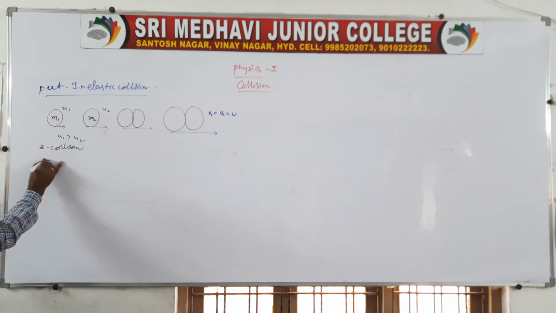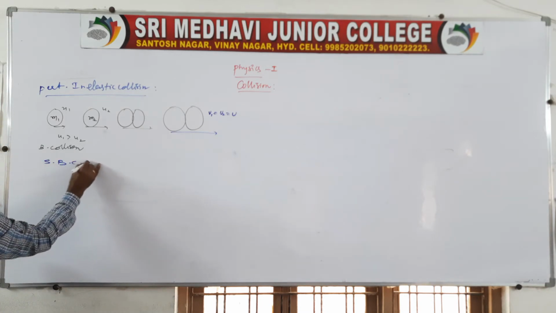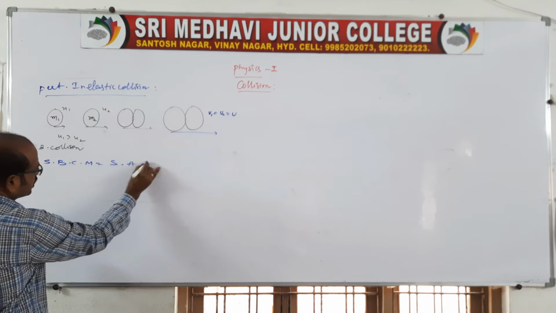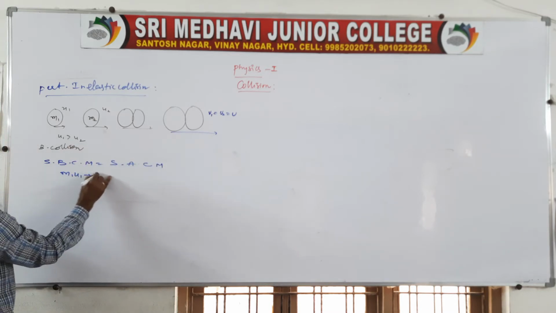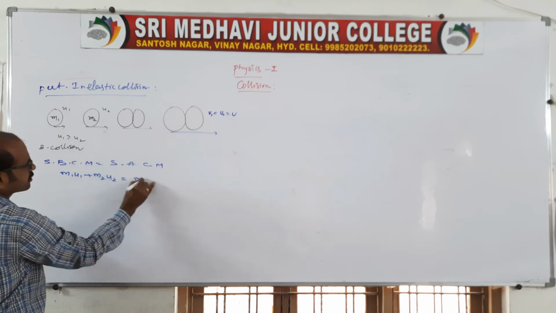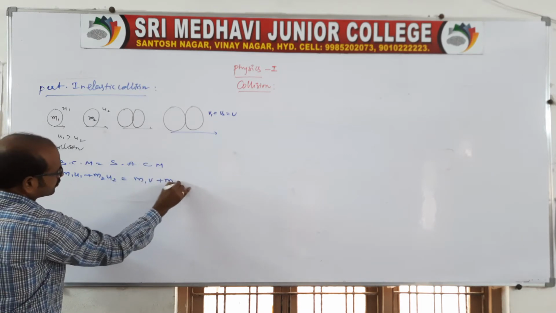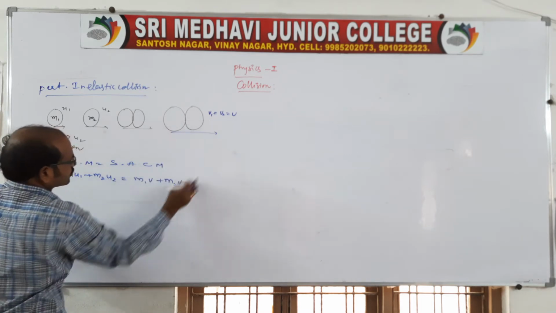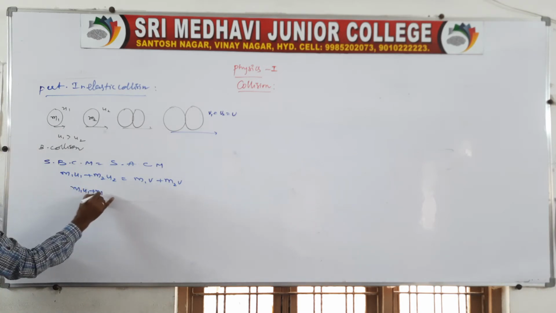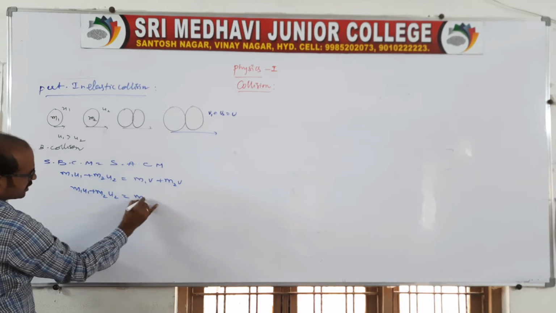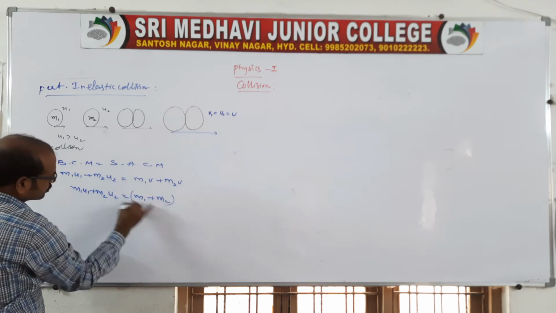According to that, the sum of momentum before collision is equal to the sum of momentum after collision. Before collision it is m1 u1 plus m2 u2, which equals m1 v plus m2 v, because after collision both are moving with a common velocity. So m1 u1 plus m2 u2 equals (m1 plus m2) v.